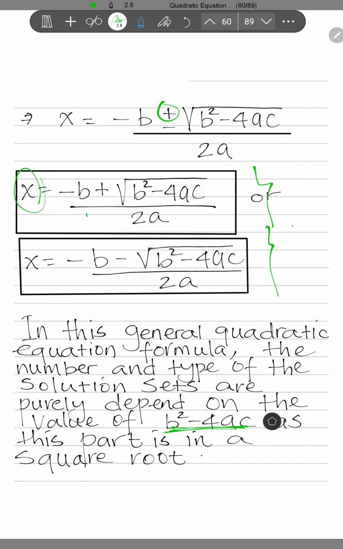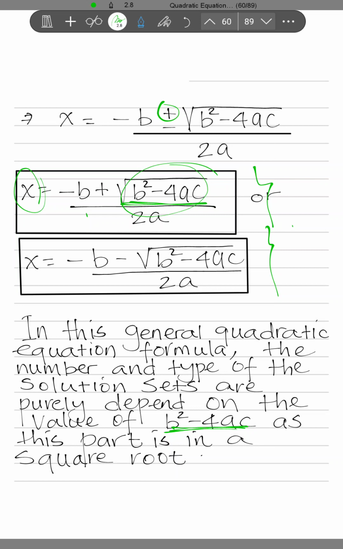Why b squared minus 4ac is of special attention here is that it is in the square root. If a number is in the square root, it has to be positive for a real number solution to be a real number. So this part determines what type of solution sets we have within a given quadratic equation.